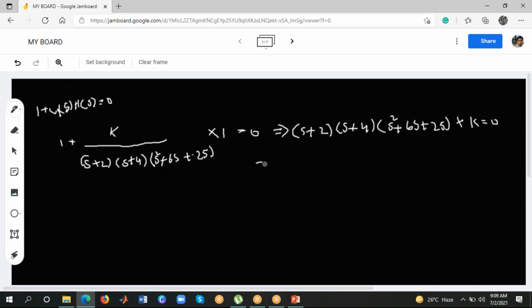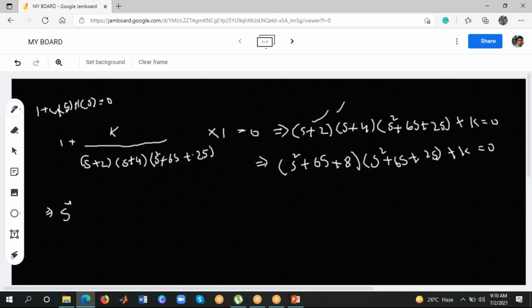If you multiply these two terms, you get s square plus 6s plus 8. So the equation is s square plus 6s plus 8 into s square plus 6s plus 25 plus K equals 0. Now I am going to multiply these two.